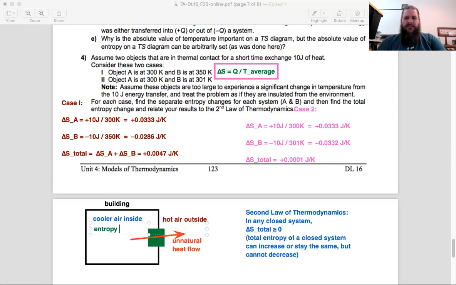It decreases. Yeah, entropy decreases because heat is leaving. Meanwhile, heat is entering the hot air outside region. So that means the entropy of that region increases. They're exchanging equal amounts of heat. We've got the inside of the building losing heat and the air outside the building gaining the same amount of heat. So what does that suggest about the amounts of change in entropy?